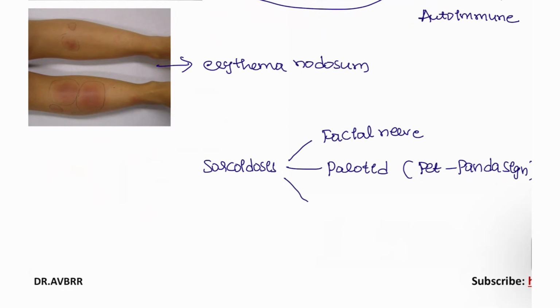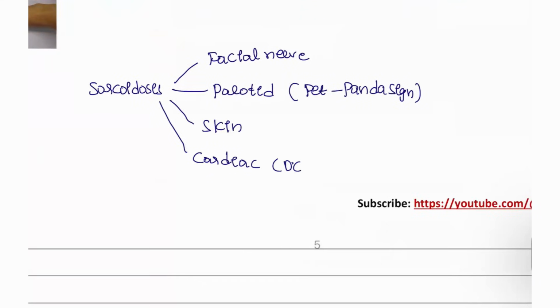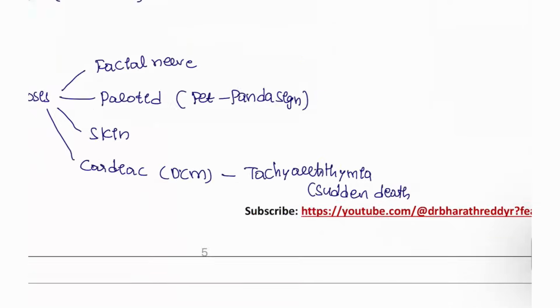It will also involve the skin, and the heart. In the heart, you are going to see dilated cardiomyopathy, right? If there are tachyarrhythmias, sudden death will be seen in this patient. Okay, sudden death. These are the other features.